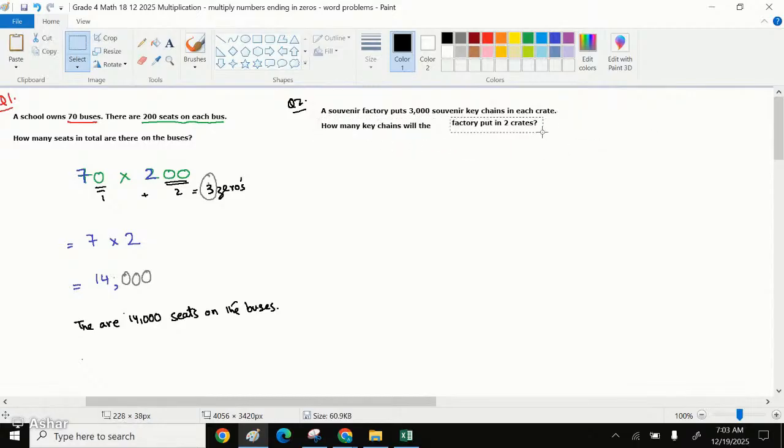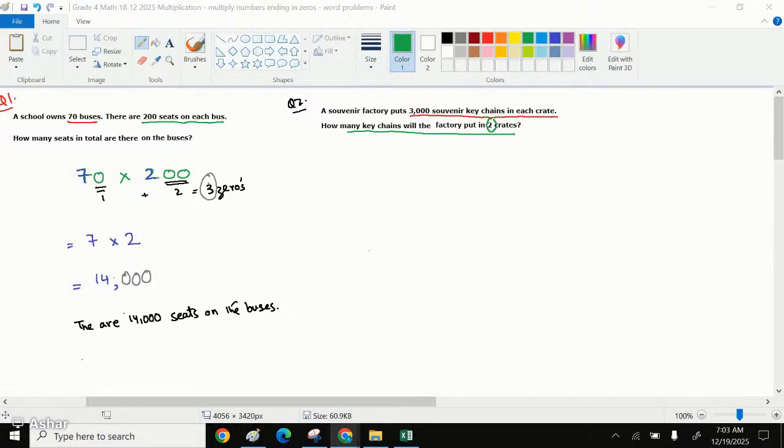The souvenir factory puts 3,000 souvenir keychains in each crate. How many keychains will be there in 2 crates? So we need to find the total number of keychains, right?